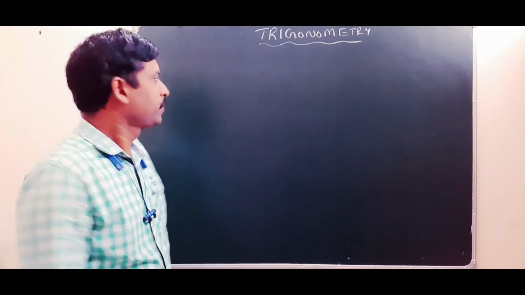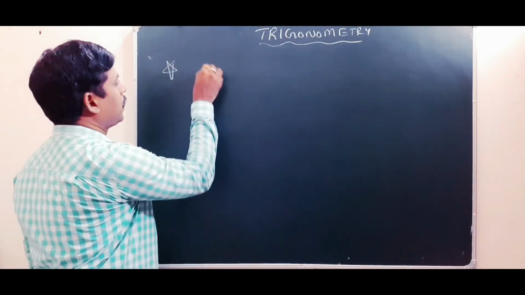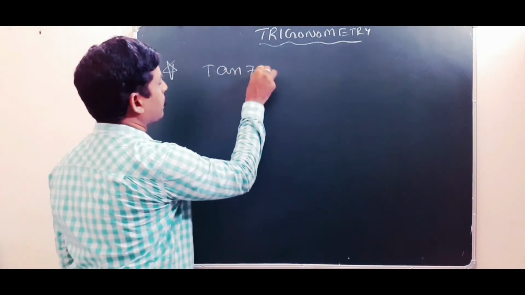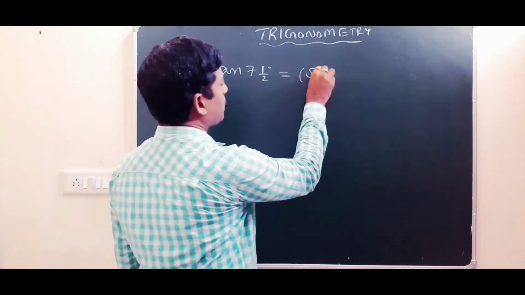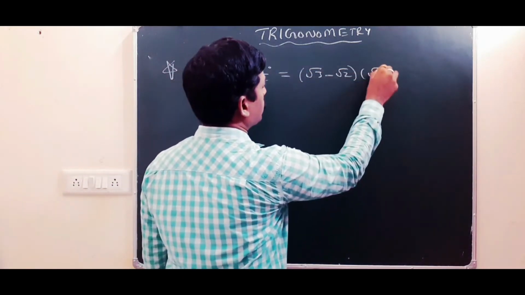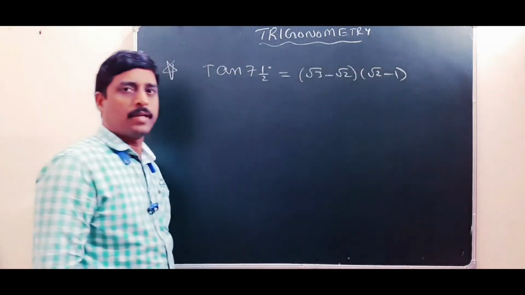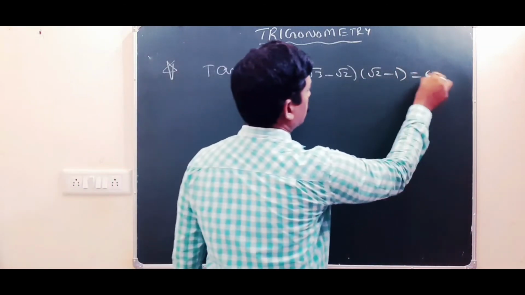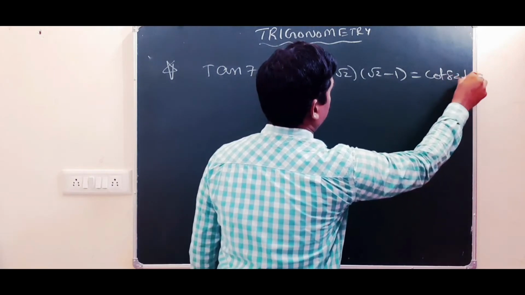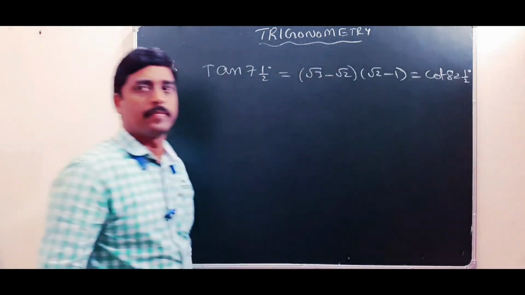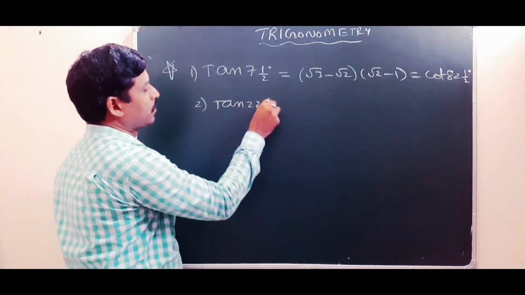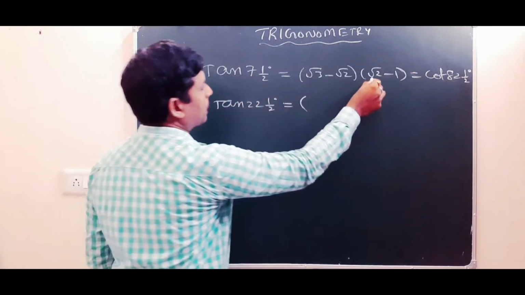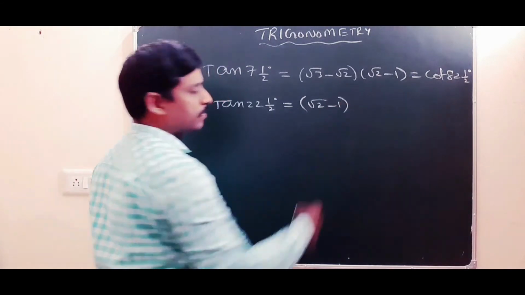Okay, now explain tan 7.5 degrees. This will be root 3 minus root 2 into root 2 minus 1. This is equal to cot 82.5. And second value, tan 22.5 degrees, is equal to only root 2 minus 1.